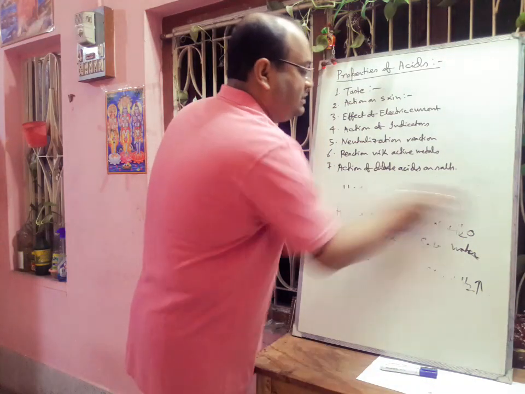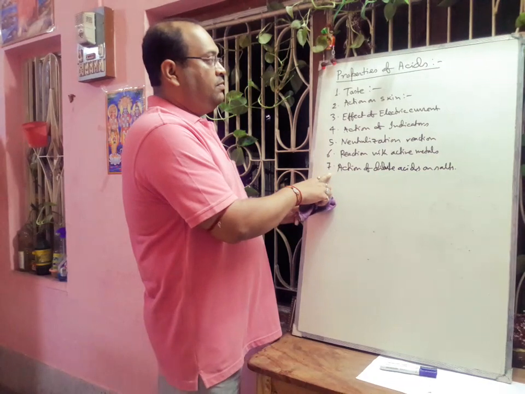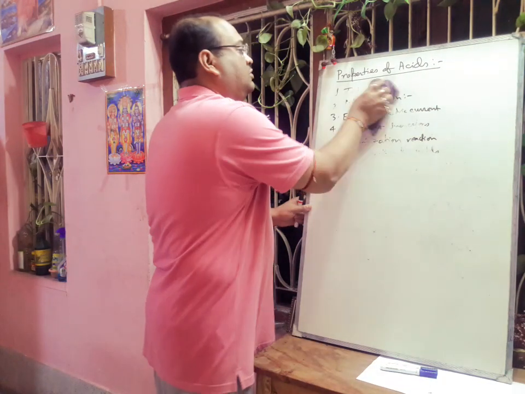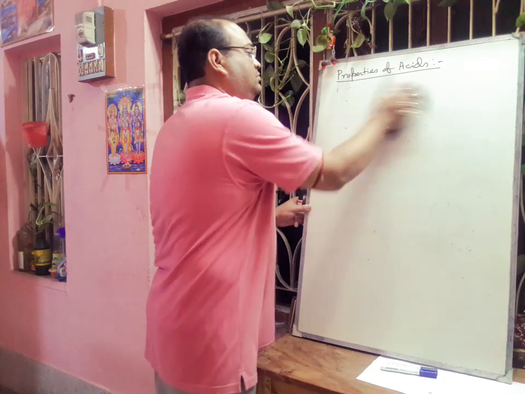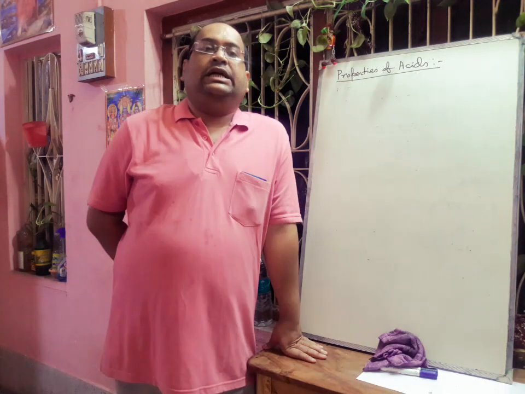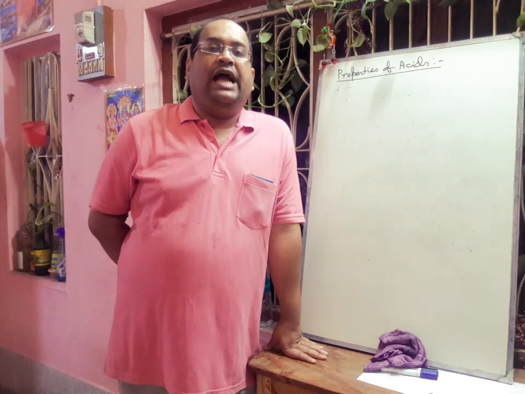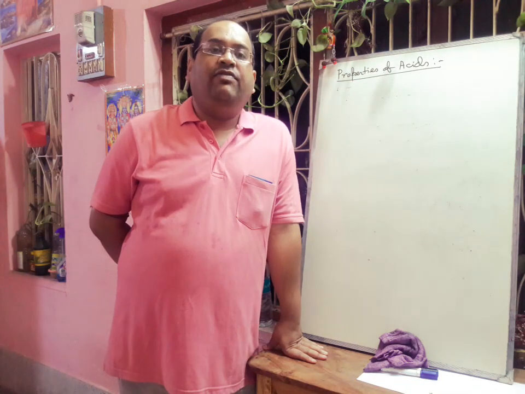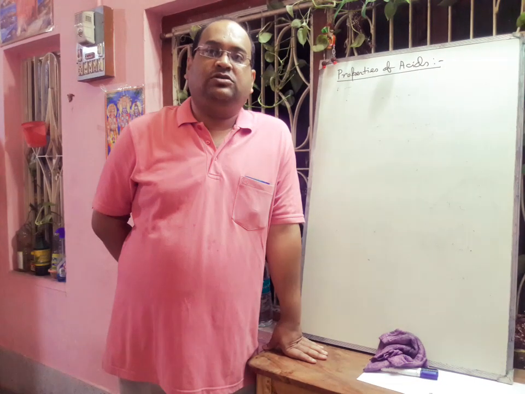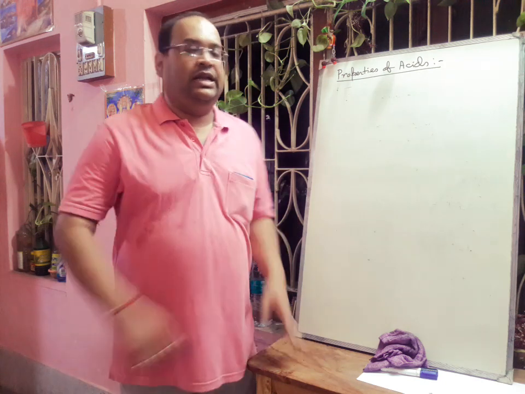Next we will discuss the action of dilute acid on different types of salt. First we will discuss carbonate salt. If we take carbonate salt and add acid, that will form salt plus water plus carbon dioxide. Bicarbonate will also react with acid, forming salt, water and carbon dioxide.